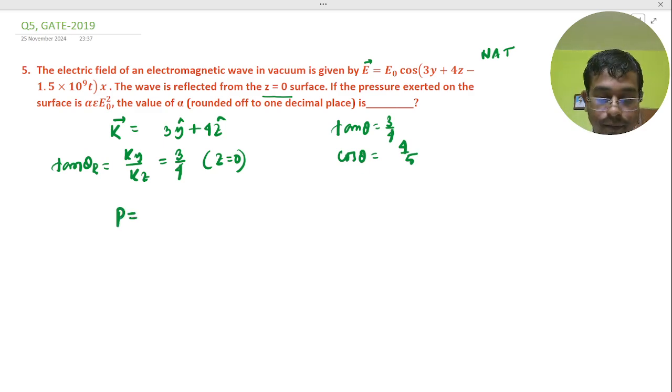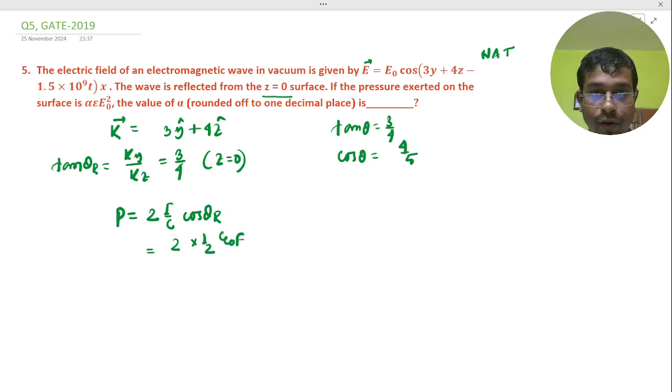The formula for the exerted pressure is P equal to 2 I by c cos theta. Putting the values, 2 times half epsilon naught E square times cos theta 4 by 5, calculating numerically, gives 0.8 epsilon naught E square.